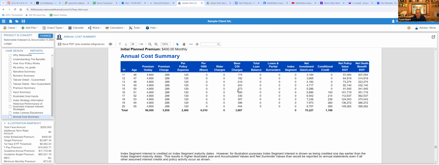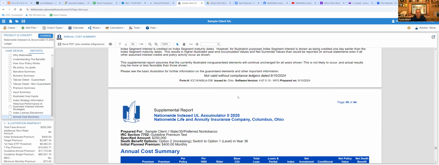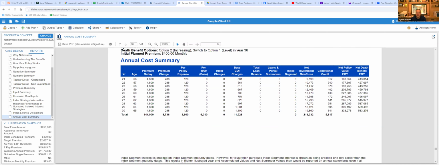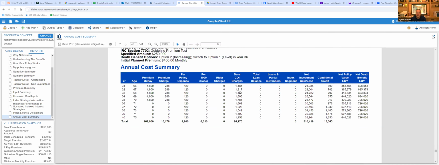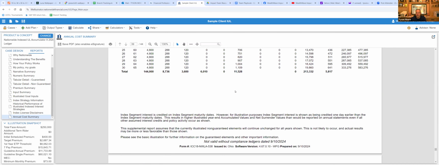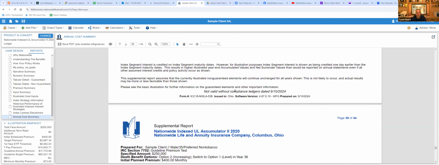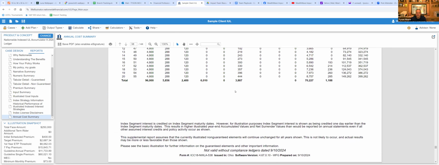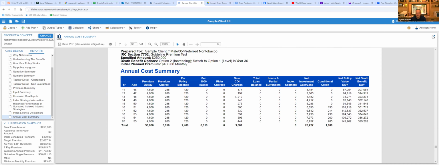I mean, we're at $300 and $400 a year, all the way into their mid 50s. It's really not until we get into their 60s and 70s that it starts getting a little bit higher. But even then, by this point, we're leveling it off. It's really low cost. You guys, Nationwide, one of their big selling points is it's a low cost vehicle.